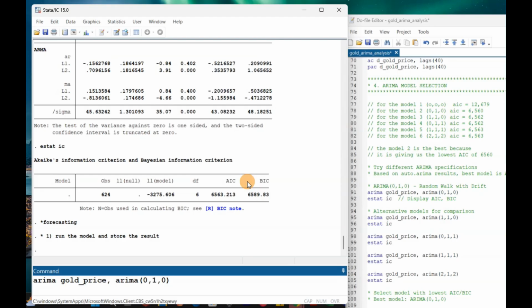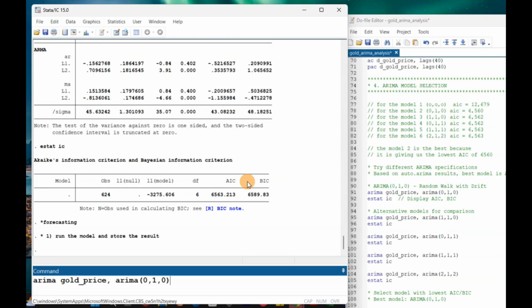It means that in our ARIMA we have to consider the first difference. So it will be AR1 because we run the first one, MA. You understand? So now, because we are trying to predict, whether we use the price of yesterday or the shock of yesterday, we have to consider first that the price of gold is stationary.